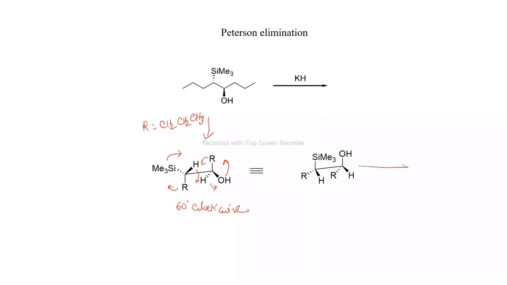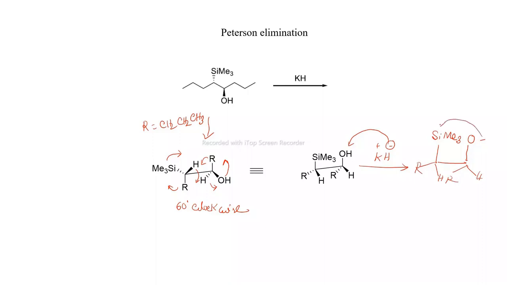When we treat with potassium hydride, K plus H minus, this H minus will abstract this proton, and there will be a possibility of formation of SiMe3, O minus, R group this side, H this side, H this side, R this side.